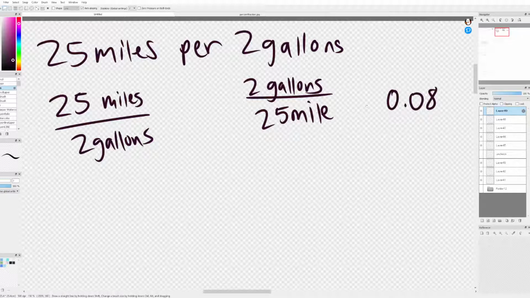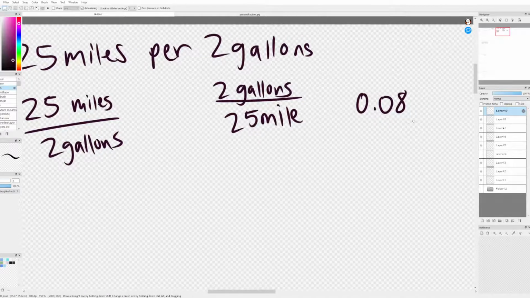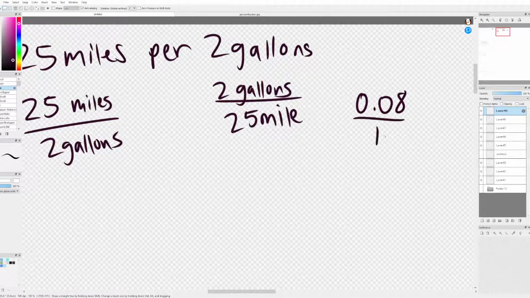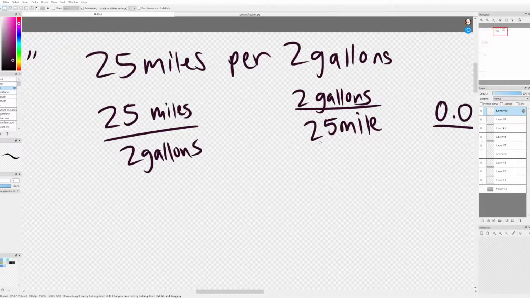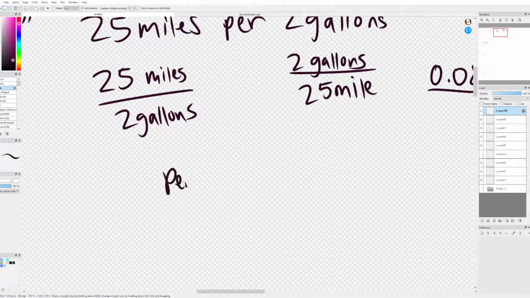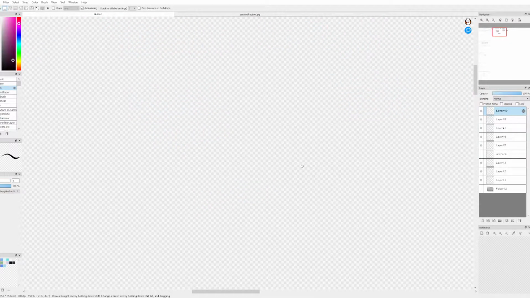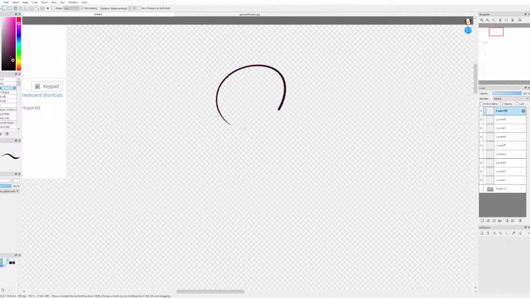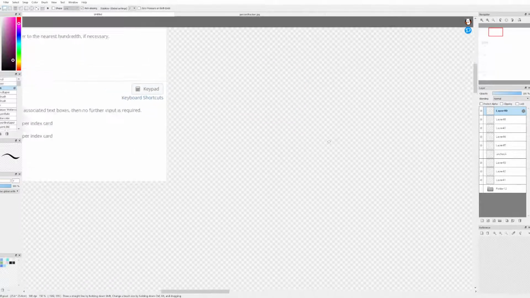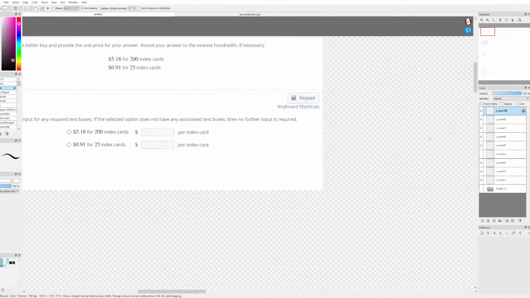So it'd be 0.08 gallons per 1 mile. Basically, whatever you want per one, at least the way that I like to remember, is that it's going to be on the bottom. There's also ways to do it with proportions, and we'll get into that in a moment. Let's just get into some examples.